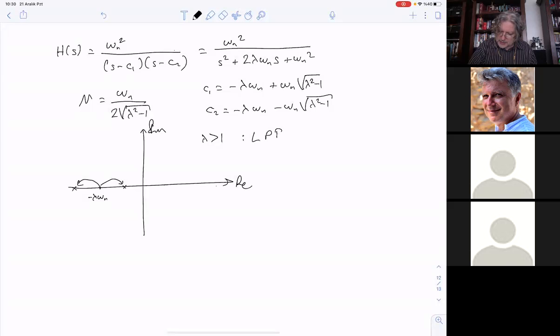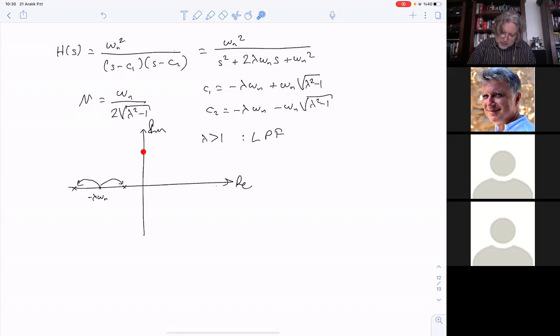A low-pass filter. Why? Because if you put an omega value here, you see that the distance from this pole and the distance from this pole will be minimum when the frequency is pulled all the way down to 0.